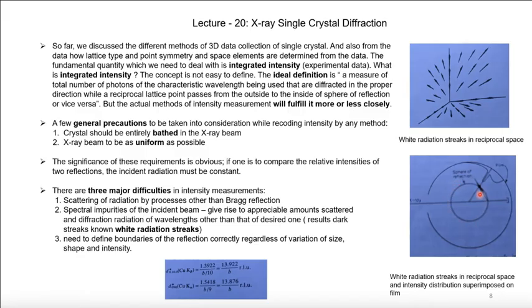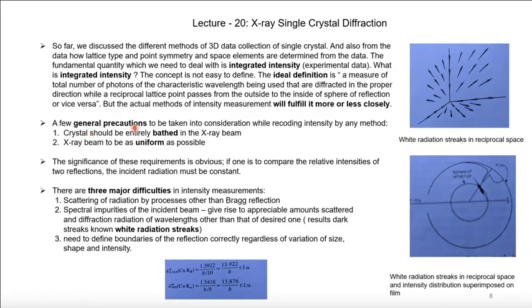This is the limiting sphere, and this is the data we are getting on the film. Here is our film, the X-ray source and the beam stop. So we get this data. You see, this is a streak here. These are the streaks we have to take into consideration when we are taking our data.